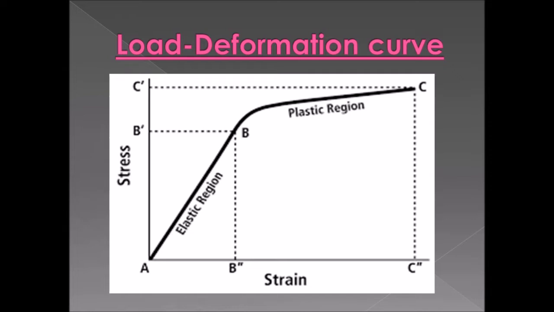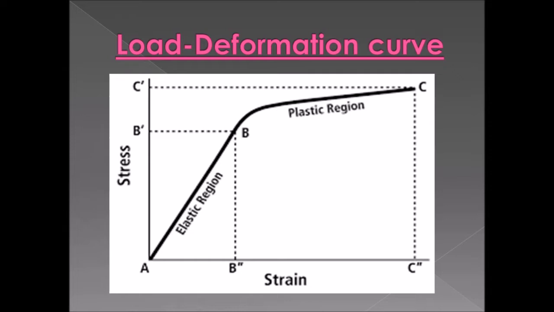That's the difference between the elastic region and the plastic region, or the properties of elasticity and plasticity of the bone. So from point B till point C is the plastic region of the bone.